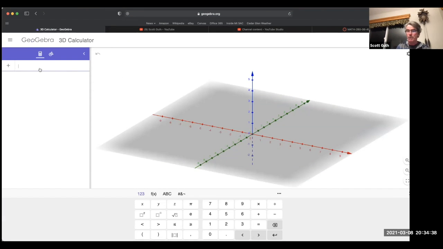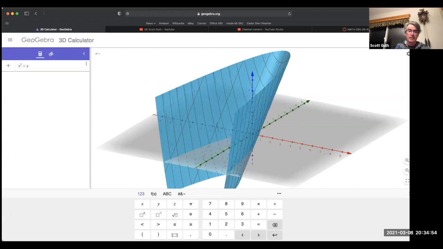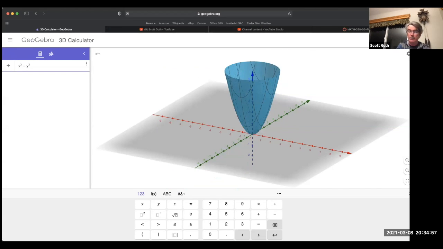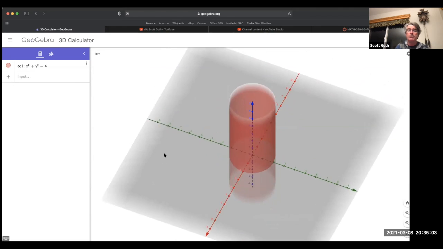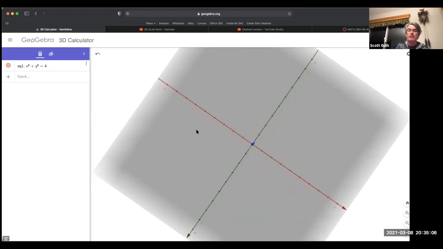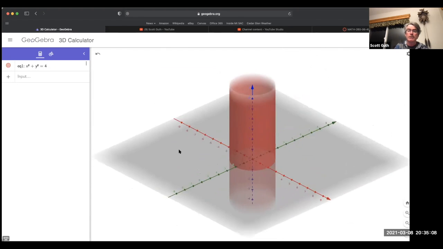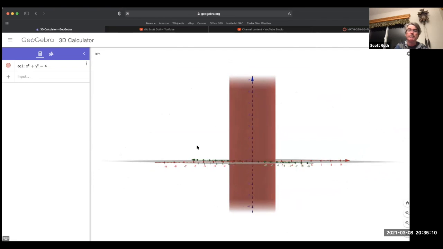It doesn't always work perfectly, but if you do the very first thing we did, the cylinder, if you do x squared plus y squared equals 4, that's that cylinder we drew. Okay, and it just sort of extends up forever. Super cool. You don't have to solve for a variable. The gray is the XY plane there.